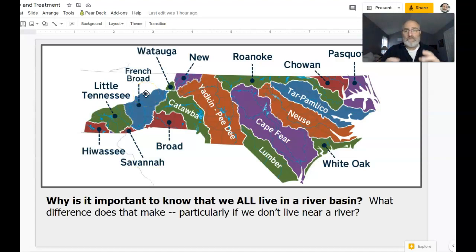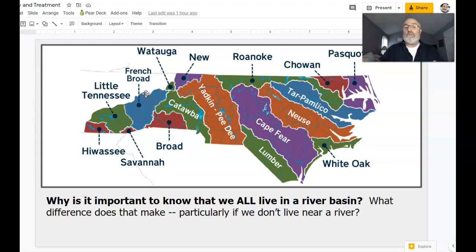Okay, last slide for this particular section of notes. Take a look at this map of North Carolina. It's showing you all of our different river basins. And so what that means is each of those particular areas of land drain. The water that lands there, if it's not trapped as groundwater, will eventually drain into a particular river and then be carried off to sea somewhere else.